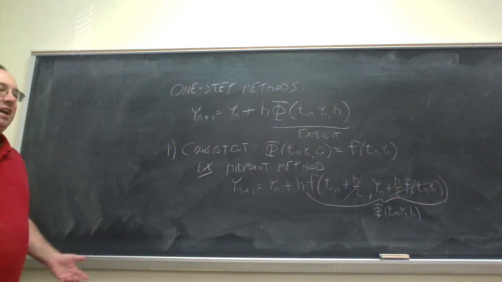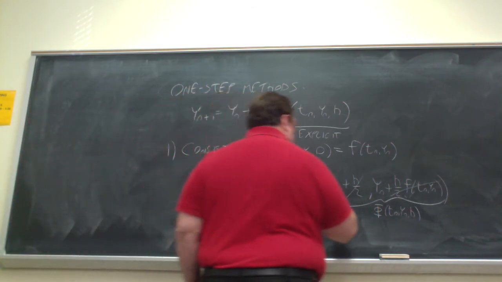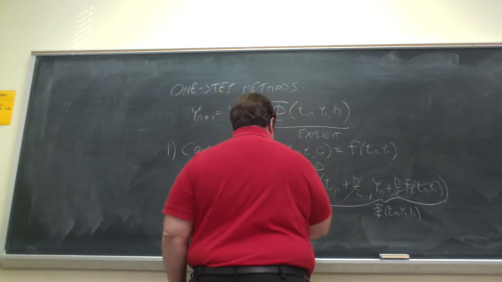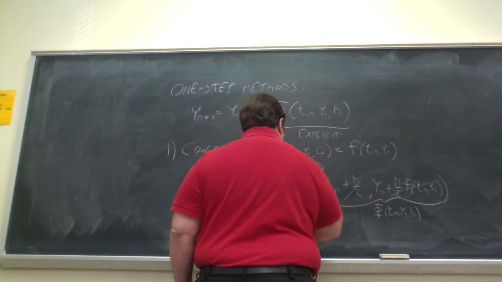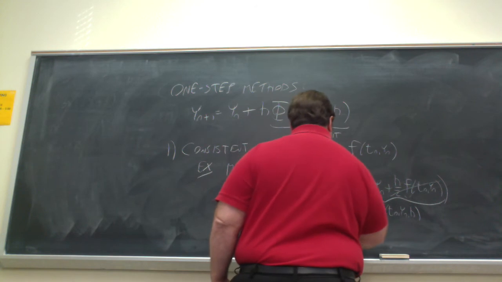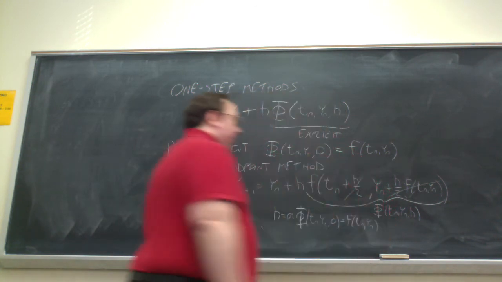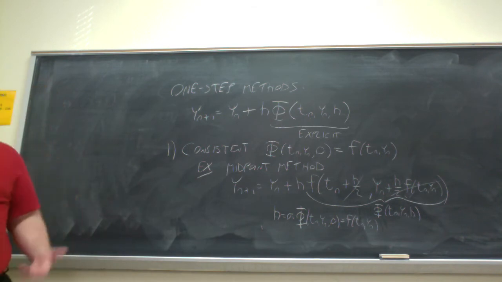And what's left? All you've got is f. So if you plug in h equals 0, it collapses to f of t and yn.